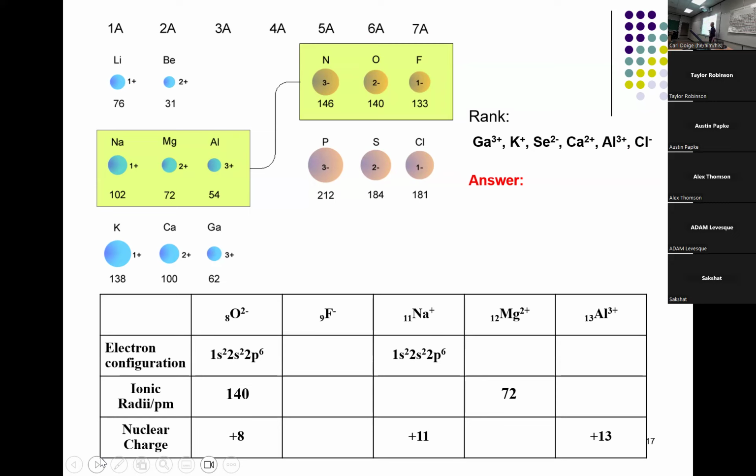Here's the electron configuration for sodium +1. Sodium normally is 3s1. It's lost that valence electron. Oh, it's the same as the electron configuration of the nearest noble gas. So what about magnesium +2? Going to be the same. All of them are going to have identical electron configurations. They're going to have exactly the same number of electrons.